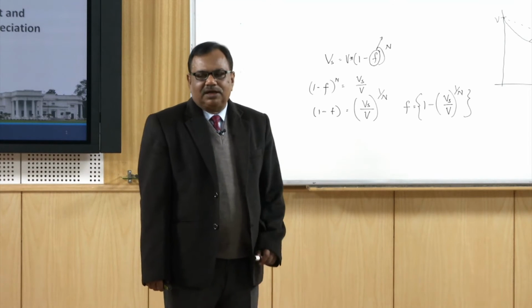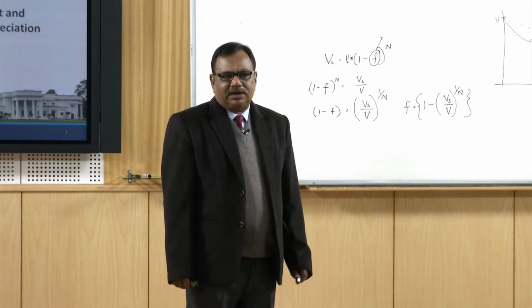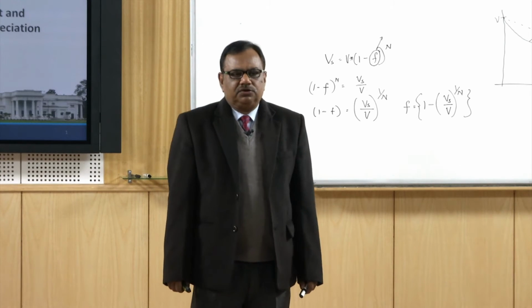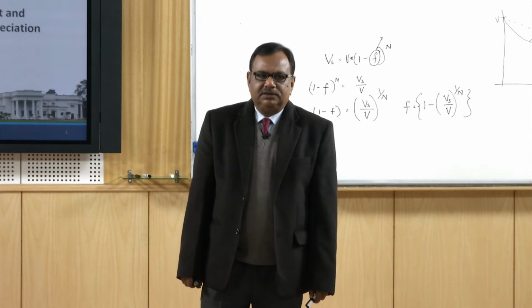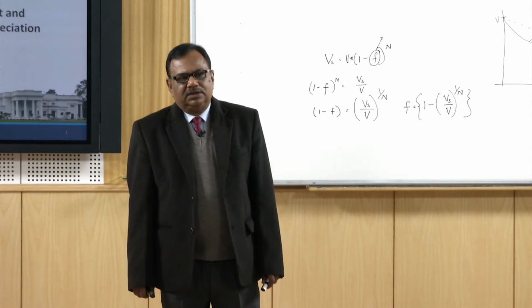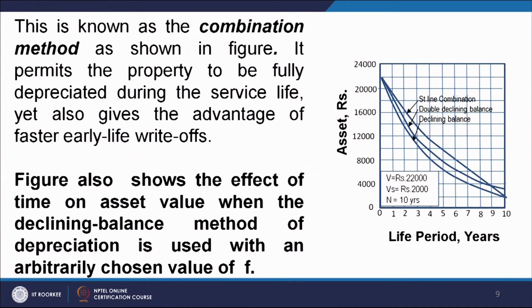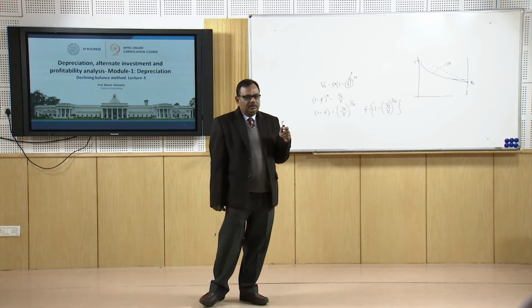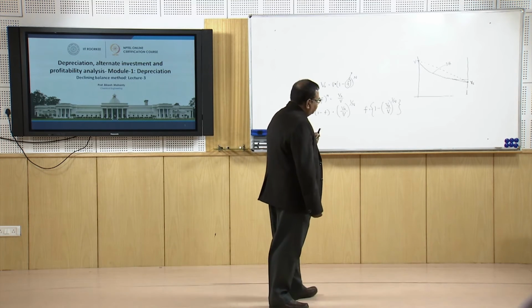As shown in the figure on the right hand side, it permits the property to be fully depreciated during the service life, yet also gives the advantage of faster early life write-offs. So, both properties are combined when I am using the combination method.